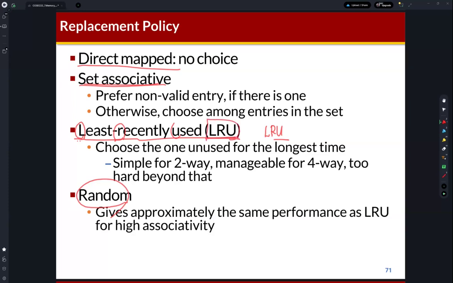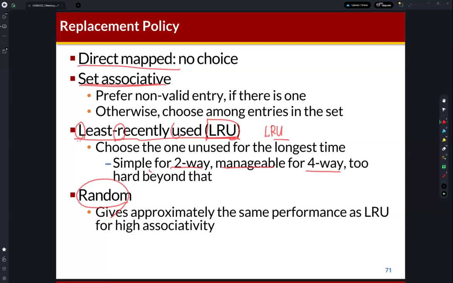LRU is simple for the two-way set associative cache, and it's manageable for the four-way set associative cache. But it's very hard if the set associativity of the cache is increased.